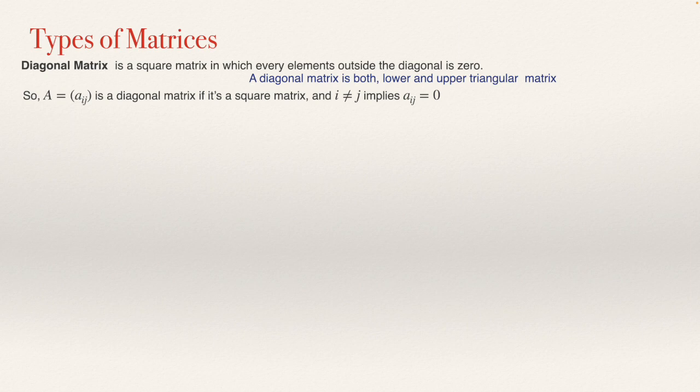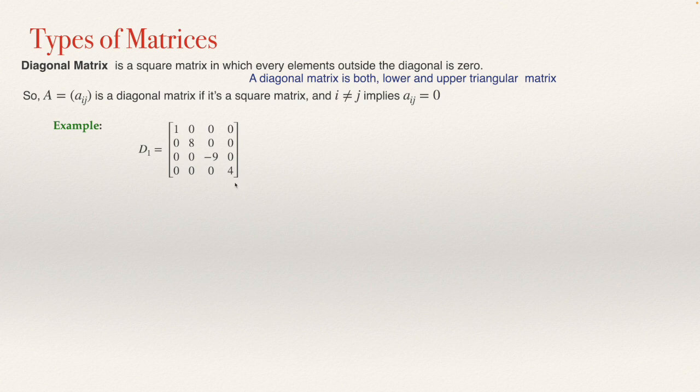So we can say in symbols that every element a sub ij will be equal to 0 if i is different than j. Because we know if i equals j, then the element is in the main diagonal. If i is different than j, if the number of the row is different from the number of the column, then this entry will be 0. For example, this will be a diagonal matrix.